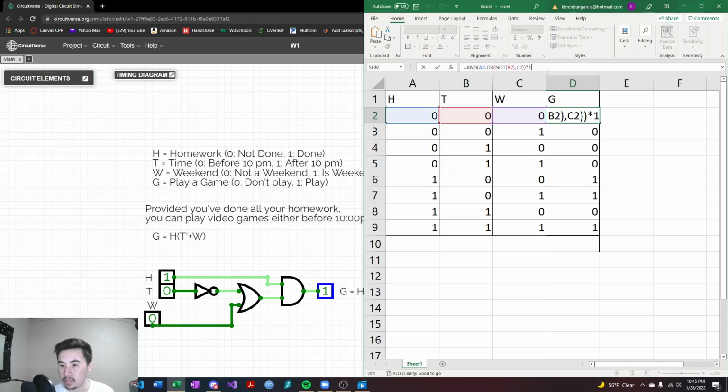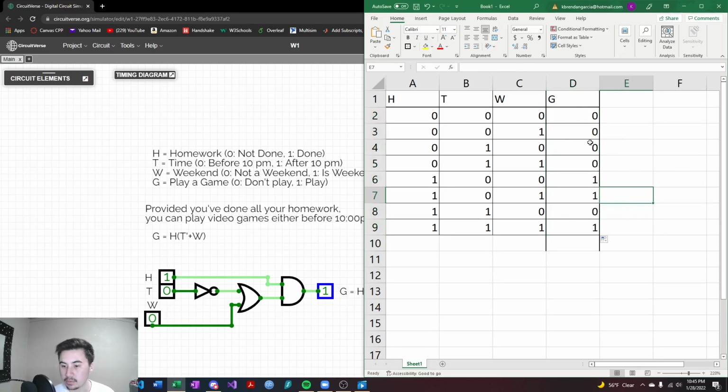I put the times 1 there because if you don't, it's going to give you a false or true. If you multiply by 1, it returns a single digit value, either 0 or 1. Then I just copied it down, and that's how we get our truth table.